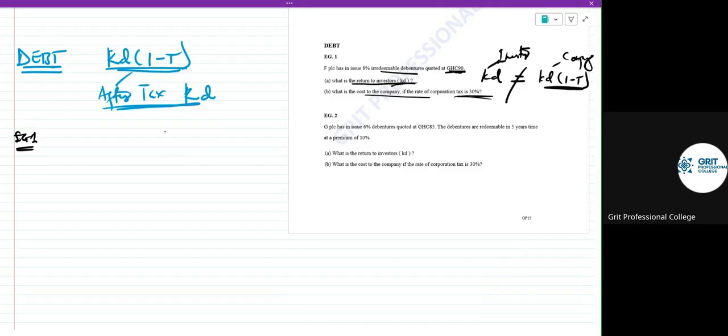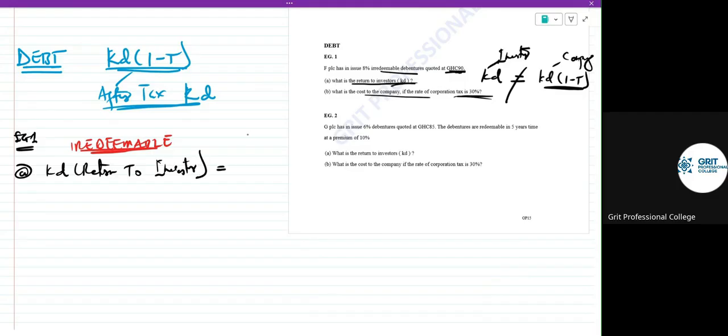So let's look at the cost of debt. For the first one, it is irredeemable. So for irredeemable, we calculate KD, which is the return to the investor. And for the return to the investor, it is very simple.